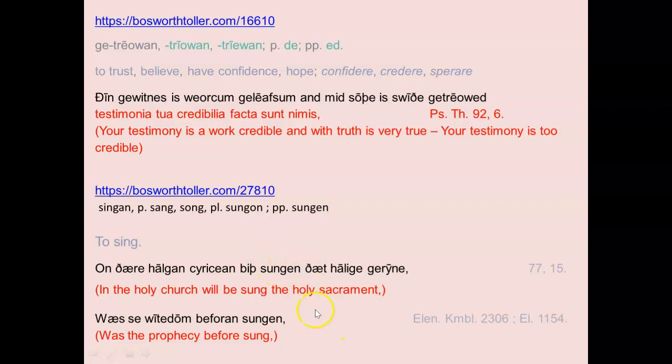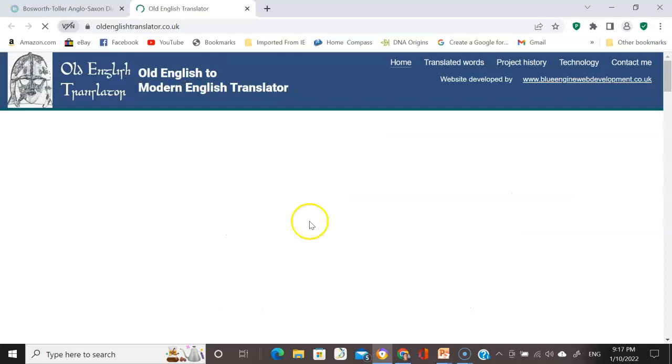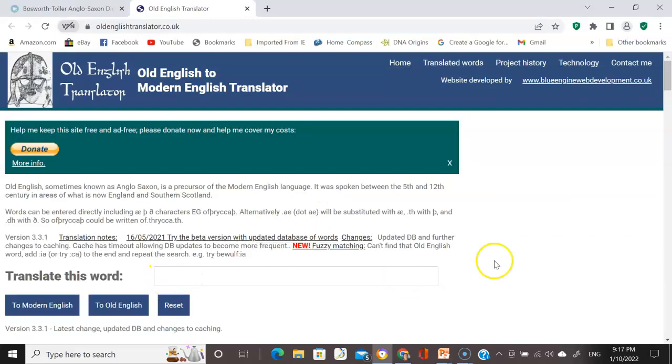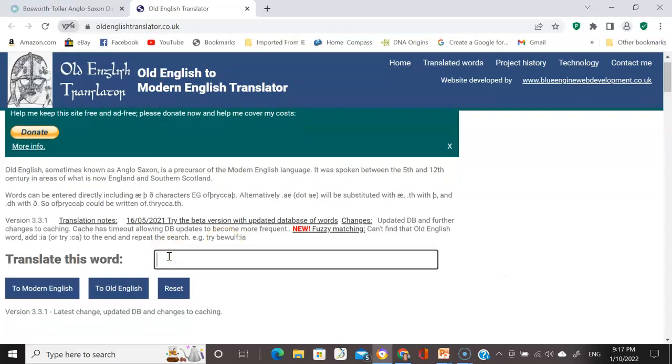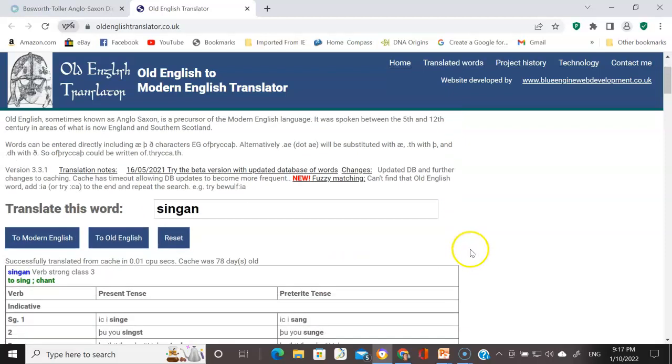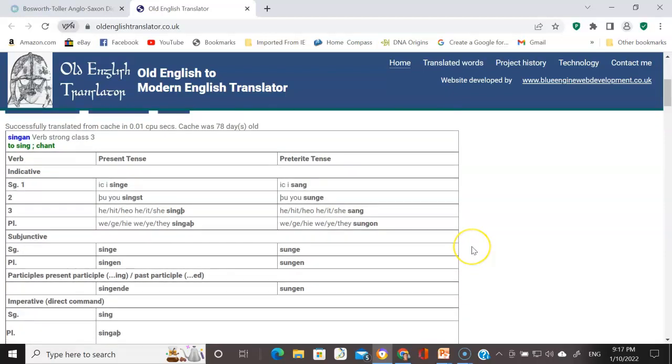So let me do that. I'm using the Old English translator here, singan. So that verb now, here we are.